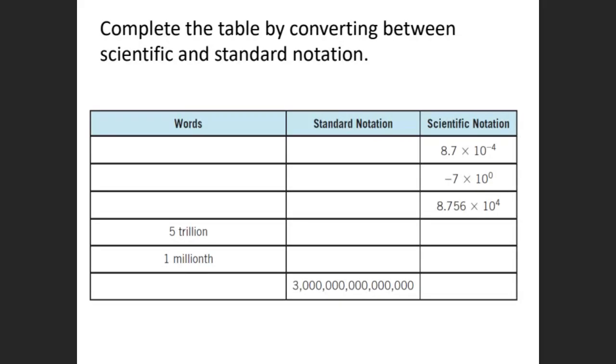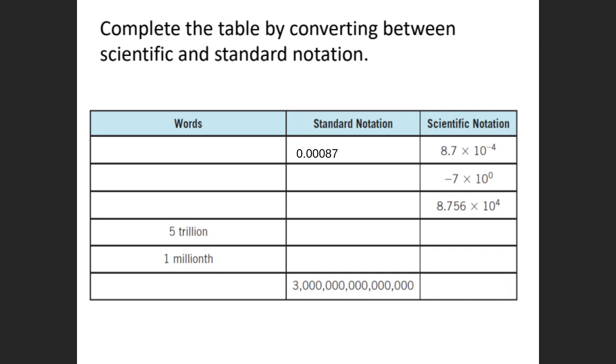Standard notation is going to make me move the decimal between the 8 and the 7 4 places to the left of 8. So when I move it 4 places to the left, the decimal is showing 3 zeros in front of the 8. And remember, I've got my leading 0.